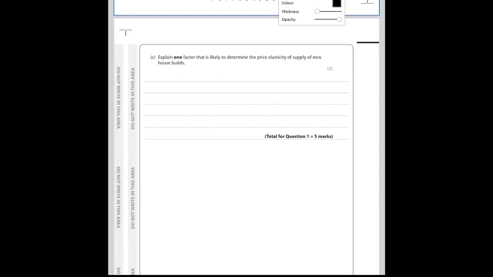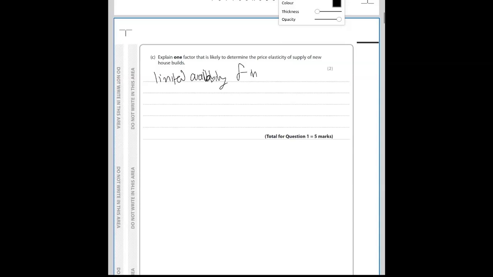So what we could talk about is maybe a limited availability of input goods. And I'd want to identify one specifically, so we could talk about maybe land.